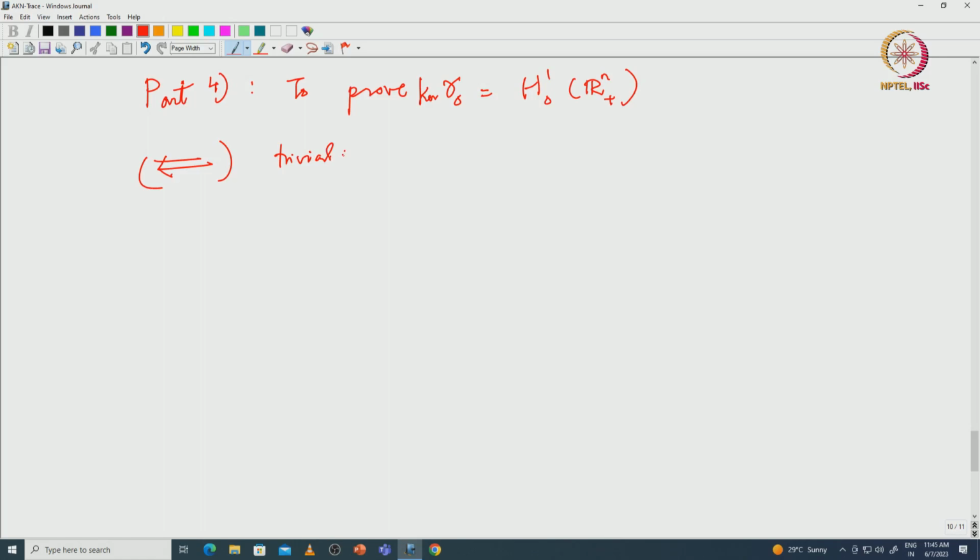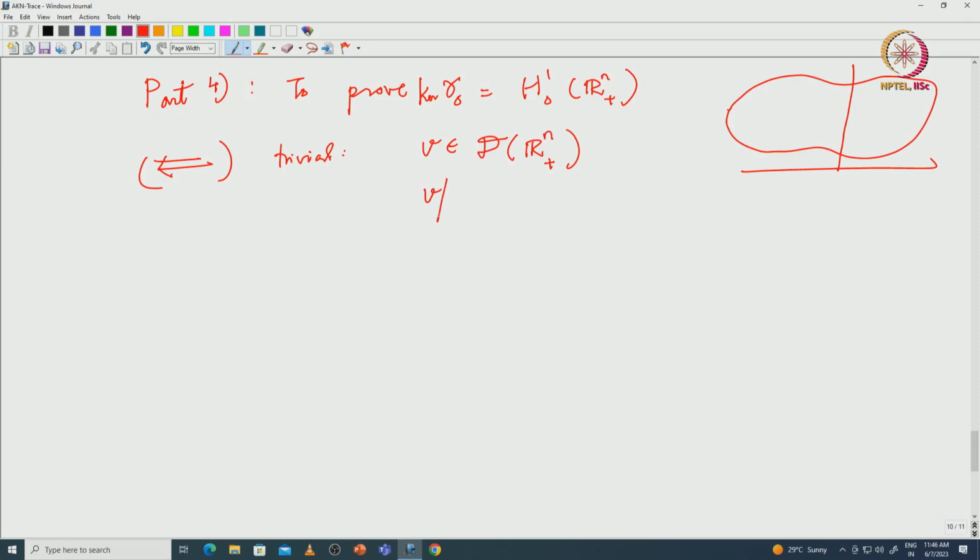So, you see, if you have a v in D(R^n_+), be careful, that means you are taking a function with support somewhere here. Then definitely v restricted to R^{n-1} is 0, because here you will get 0.